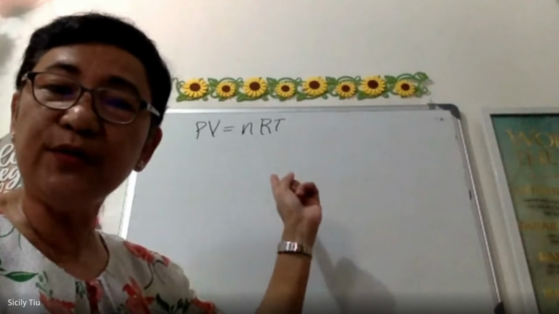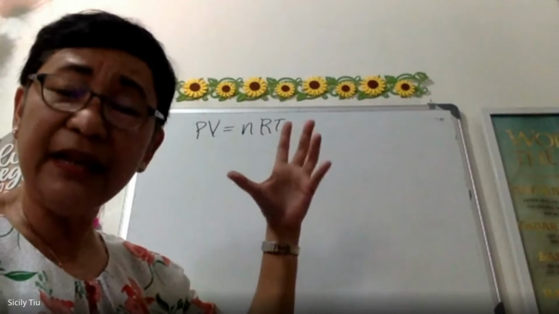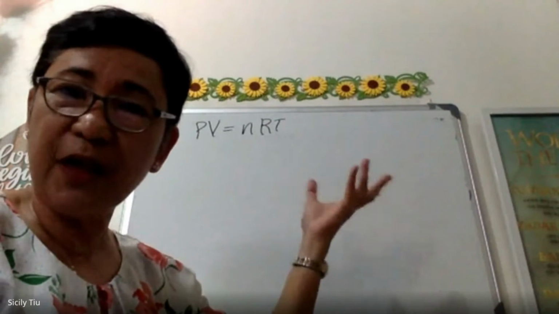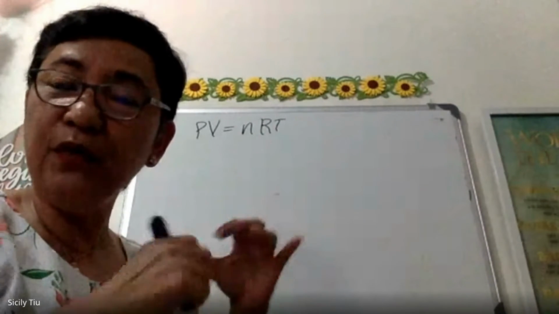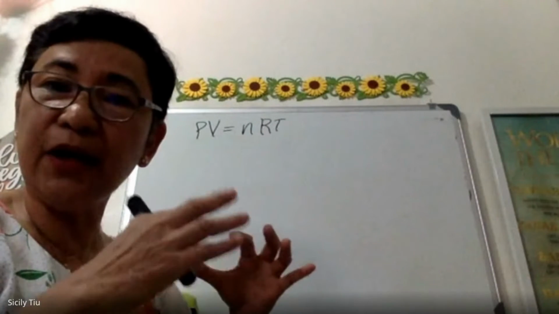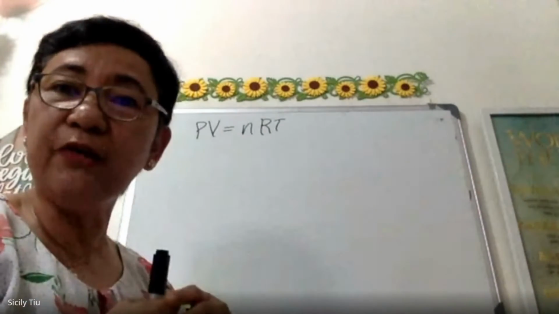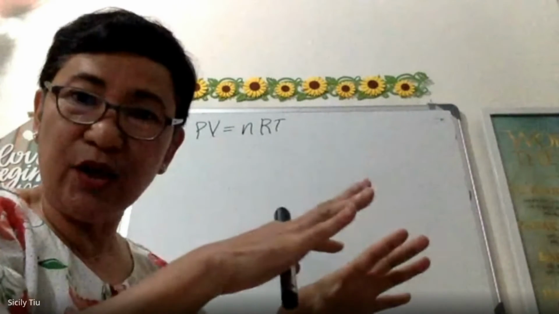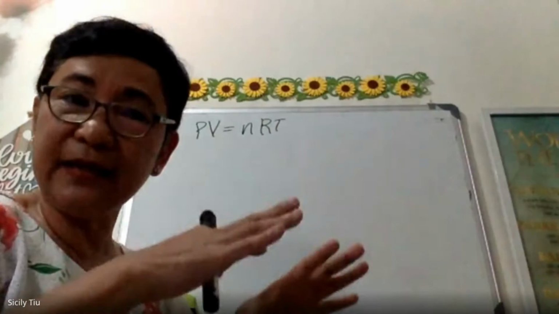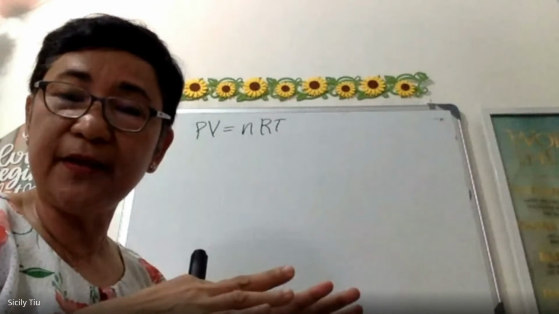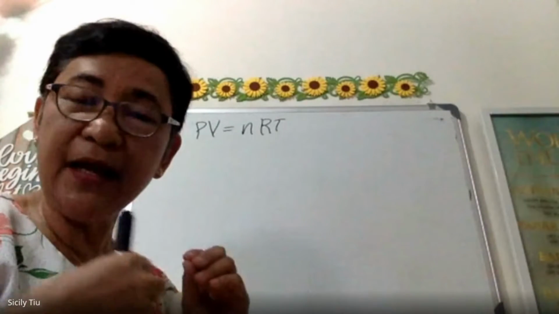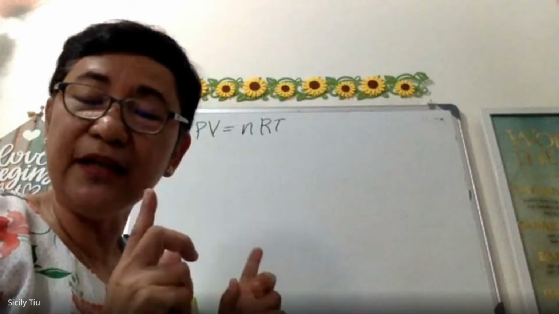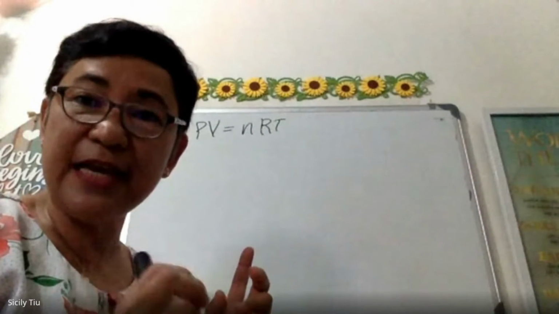Now, if you level it up in physical chemistry, Phychem 1, Phychem 2, in Phychem 1 there's no application of calculus yet. In Phychem 2, you already have calculus. Now, your ideal gas law, you can apply it to liquids, by incorporating the compressibility factor, which is denoted by the letter Z.